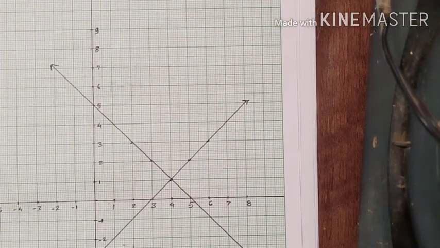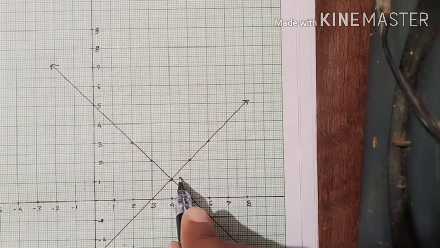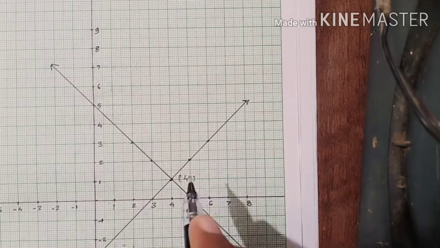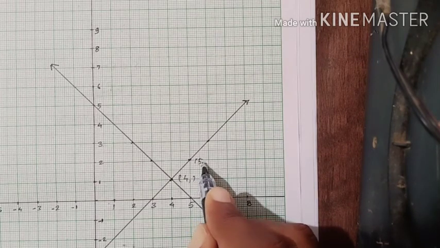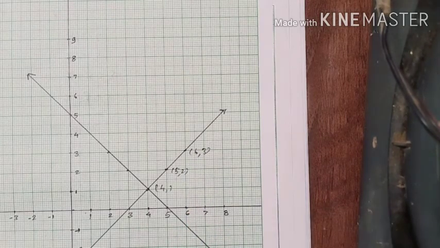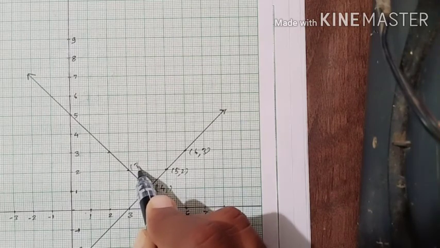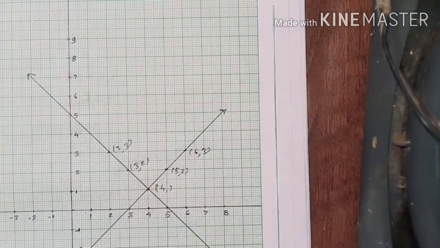Now our duty is also to write the coordinates of the points here. Here the coordinate of this point is 4, 1, and the coordinate of this is 5, 2, and here it is 6, 3. Now see here, the coordinate of this point is 3, 2, and here it is 2, 3 in this way.